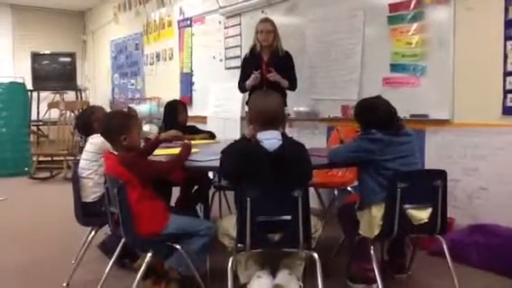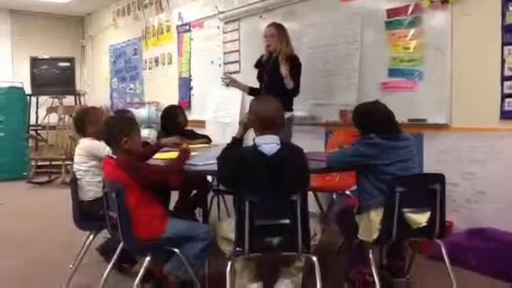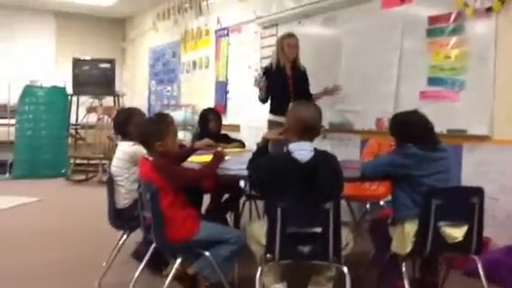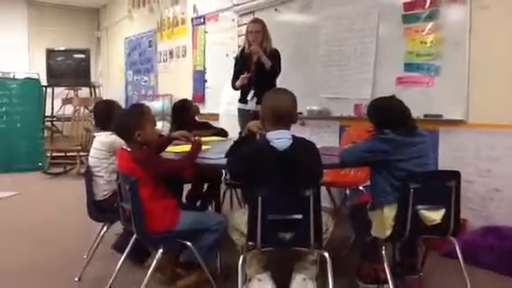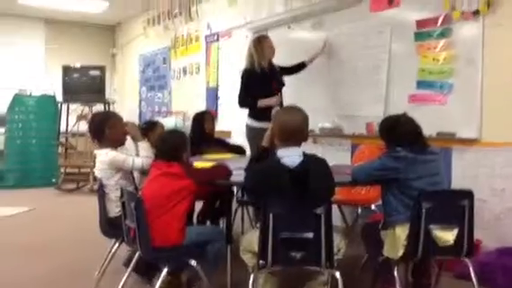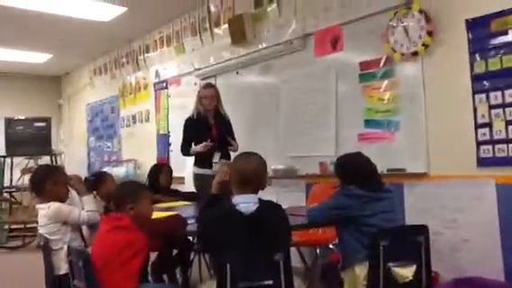Yes. And instead of finding, Alana, the main idea for the whole book, I love how Jalela is sitting so nicely, and I know she's listening. We're going to find the main idea for just a chunk of the book. Sometimes a chunk is a paragraph, just a piece of it, right?